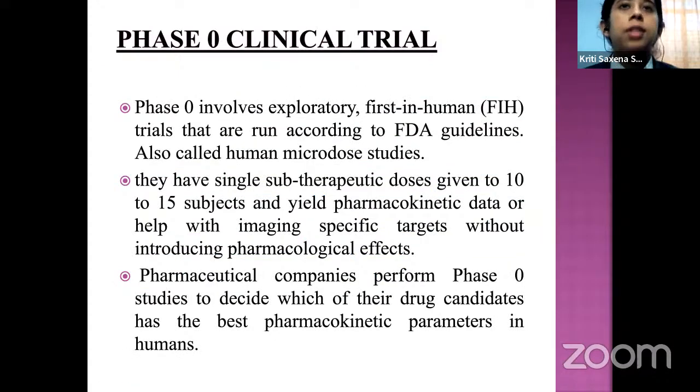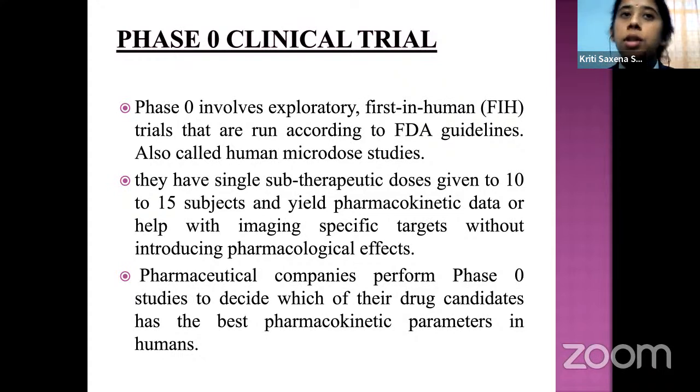So starting with phase 0 clinical trials, as I told you, it is also called microdosing studies, and that is first in human trials. For the first time, human subjects are introduced to the molecule under intervention that we have developed. Here, we have a single subtherapeutic dose. What a subtherapeutic dose is: for example, 50 mg of a drug is defined as a therapeutic dose, which is needed for having its effect.